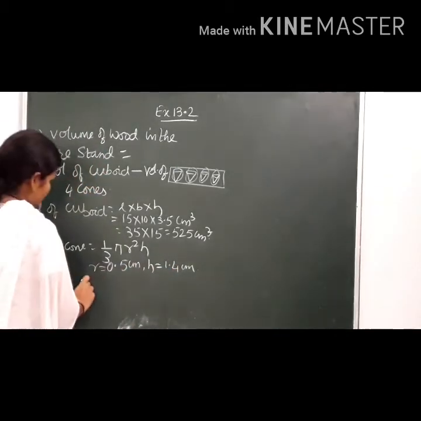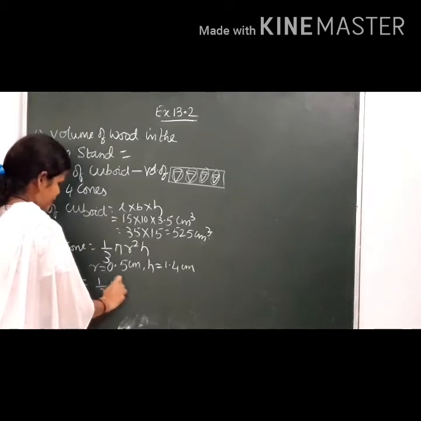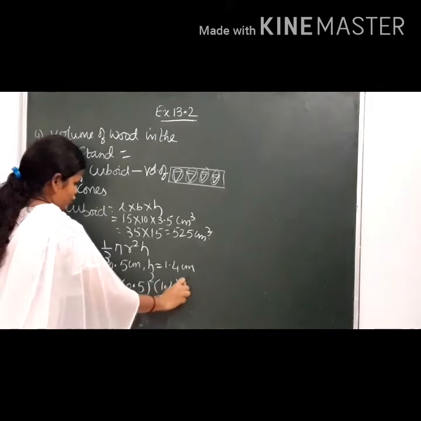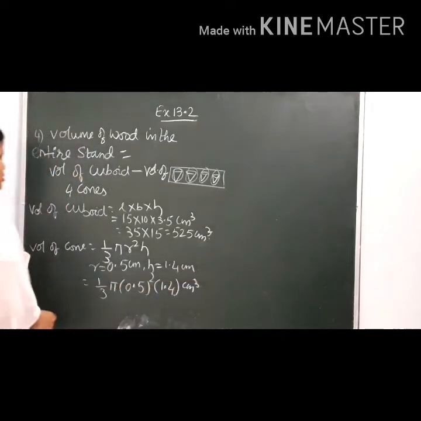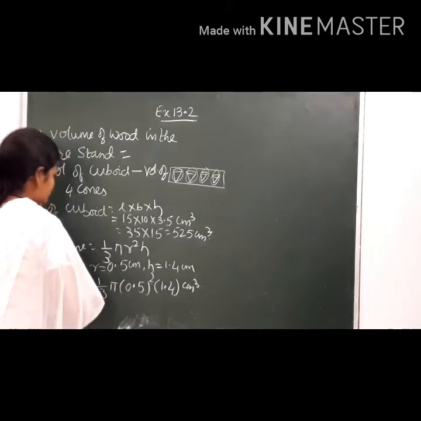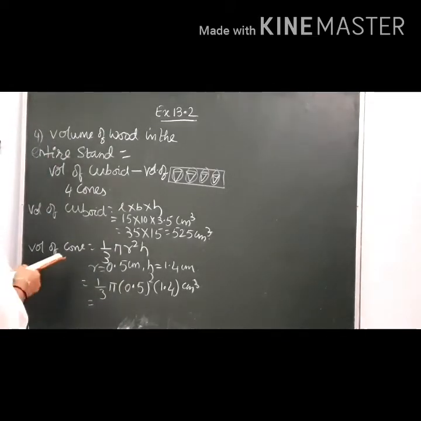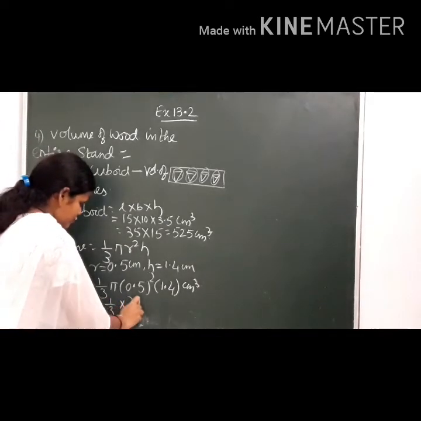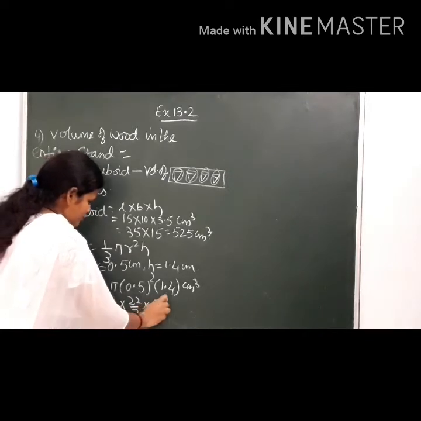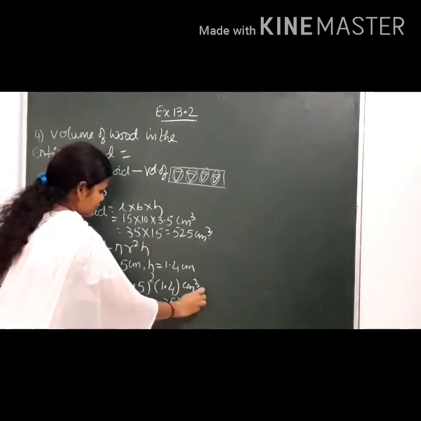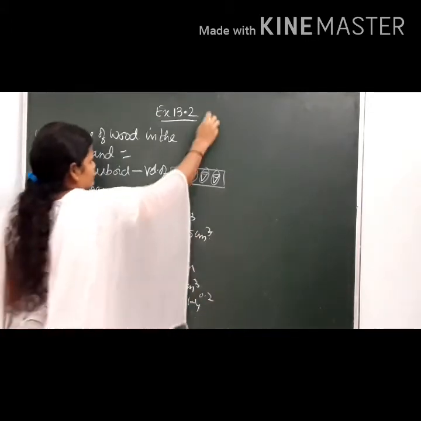So the volume of the cone is 1 by 3 pi into 0.5 whole square into 1.4 centimeter cube. What is the pi value here? 22 by 7.